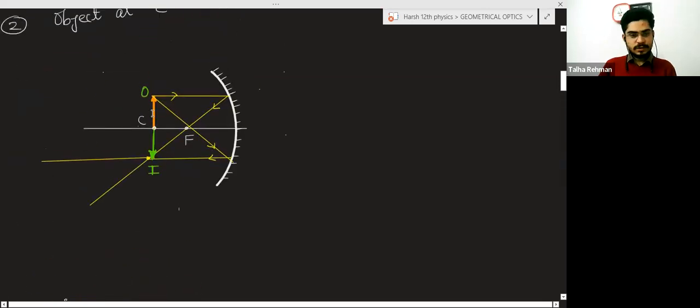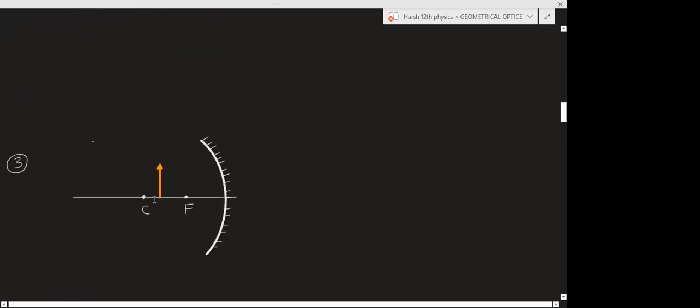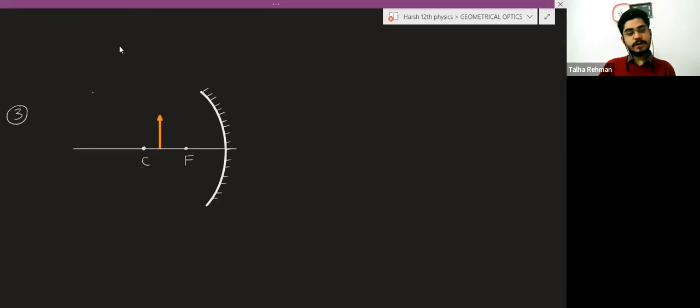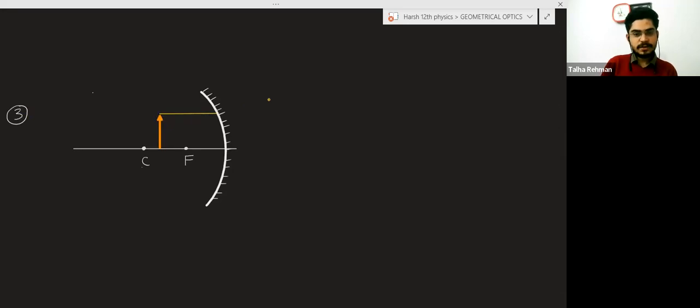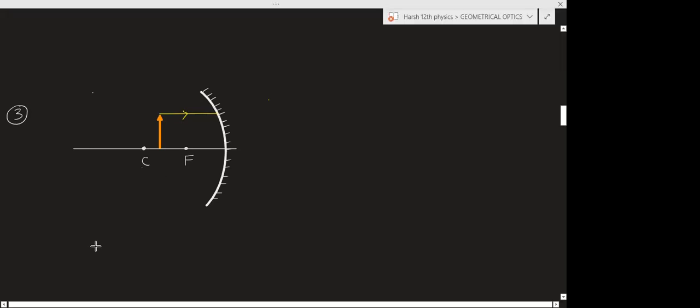After this, what we will do, we will place this object between the focus and the center of curvature. Same thing we will do. The first ray of light will be parallel to the principal axis, and after reflection it will pass through the focus.